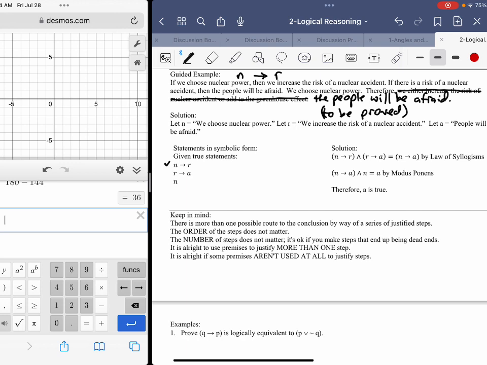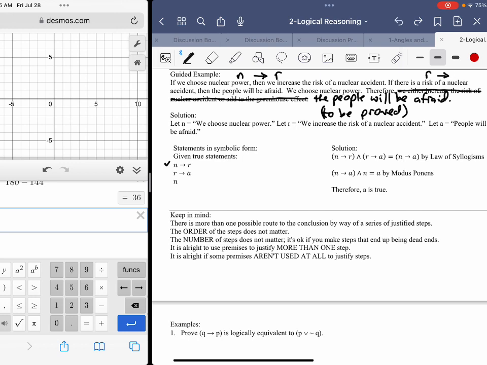If there's a risk of a nuclear accident, so that's R, then the people will be afraid, which I called A. Apologies. And then the next statement was we choose nuclear power. So that I defined as N. So all three of these statements are accounted for.